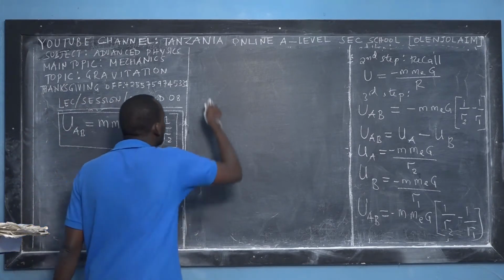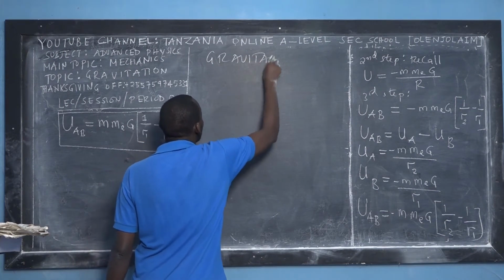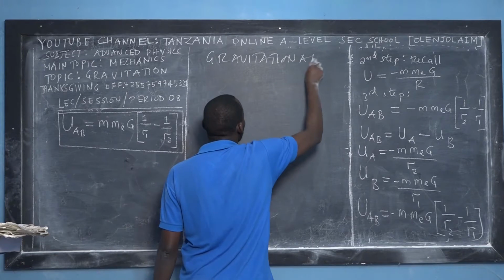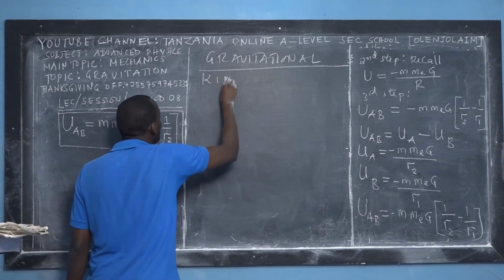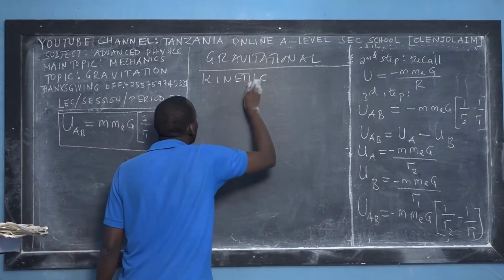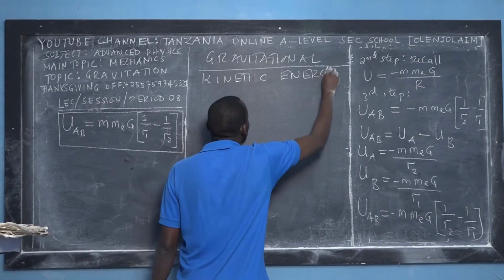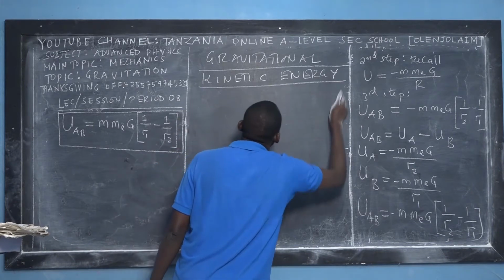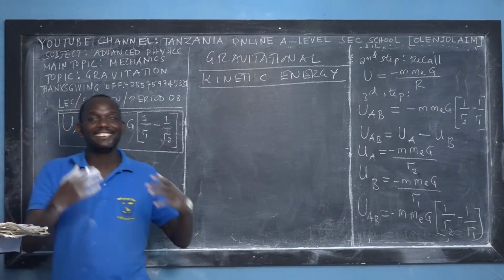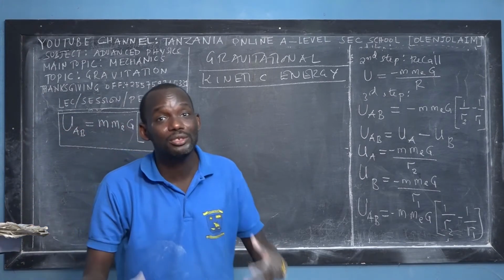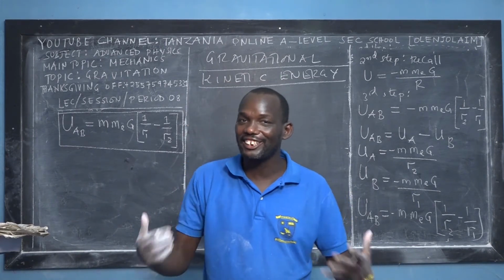Say it again: gravitational kinetic energy. It is the kinetic energy that makes bodies move in the gravitational field. That's the meaning of gravitational kinetic energy.